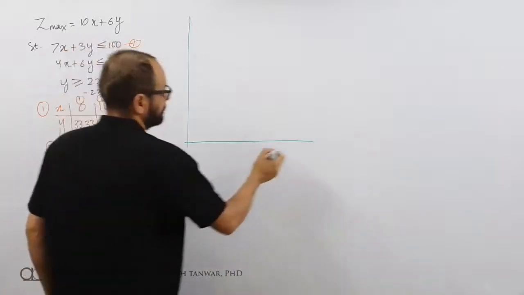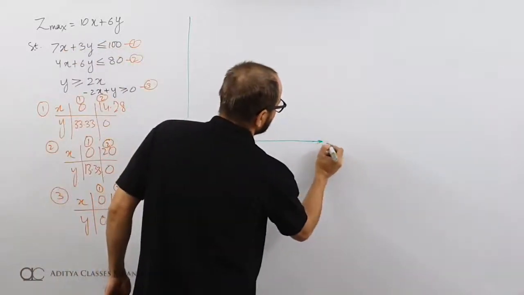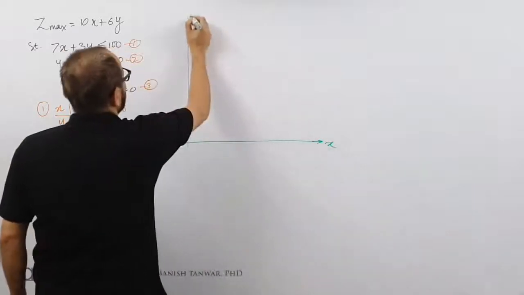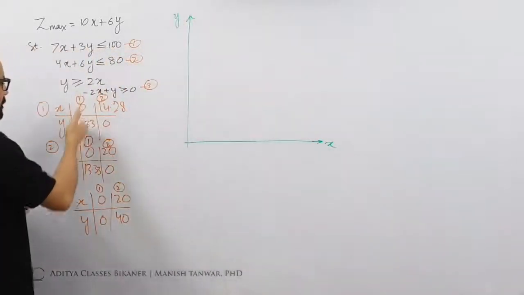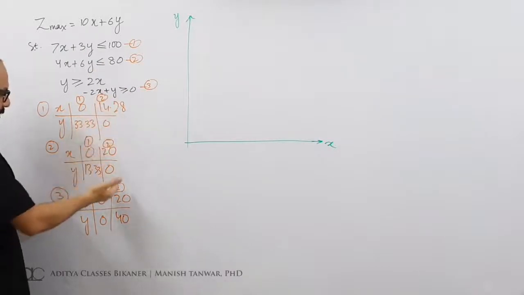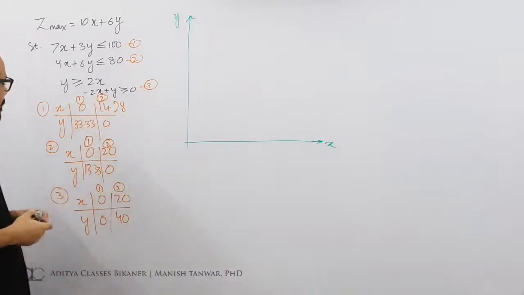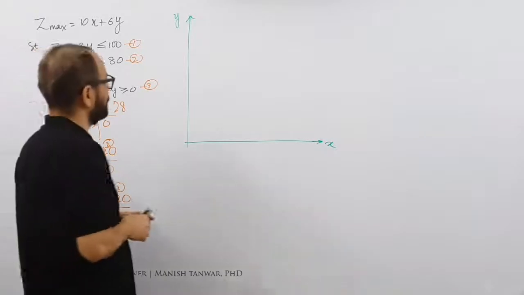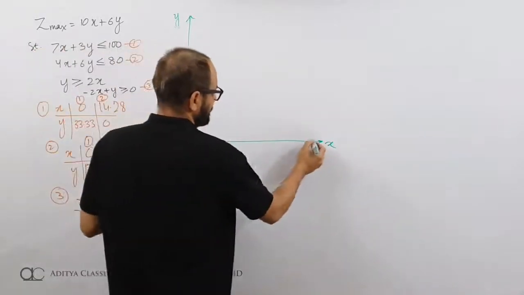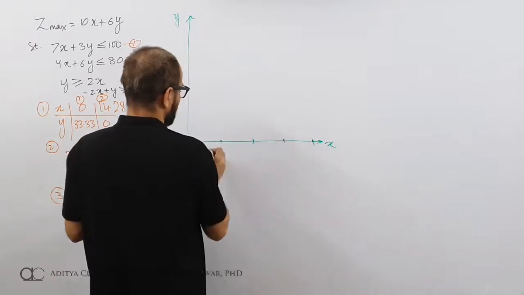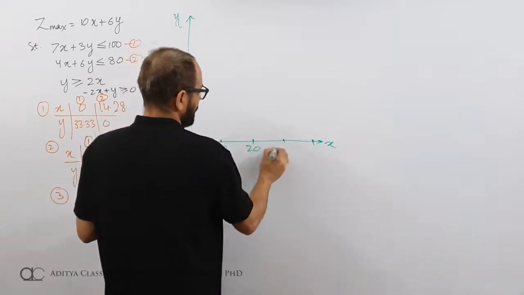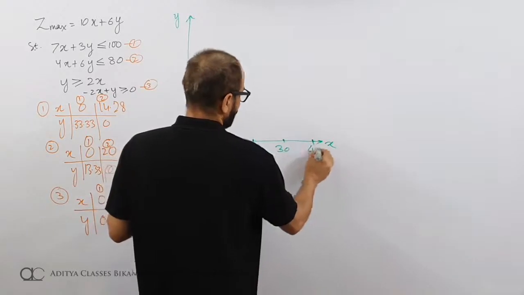This is better. We have x and we have y. Now our points are ranging from 0 to 14, 13, 20 and almost 40, not exactly 40. So let me take an axis where I can touch 40. This will become 10, 20 and 30, so I have 10, 20, 30 and 40.